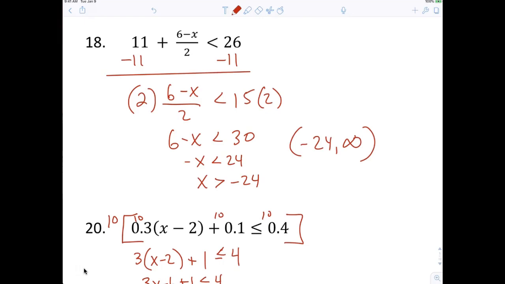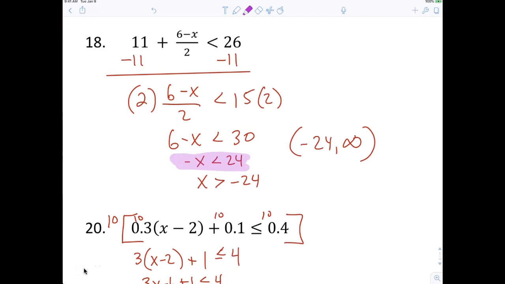Why is the 24 negative? Because it's right here. Negative x is less than 24. So essentially you're either multiplying by negative 1 or dividing by negative 1. Okay, I see. Okay? Hey, concentrate. Leave it alone. Focus.